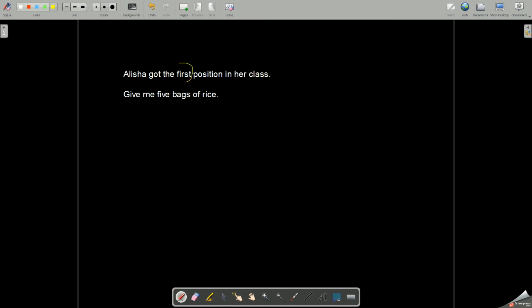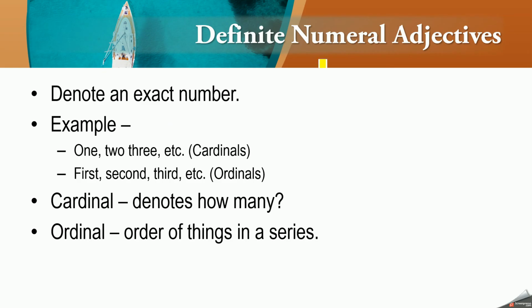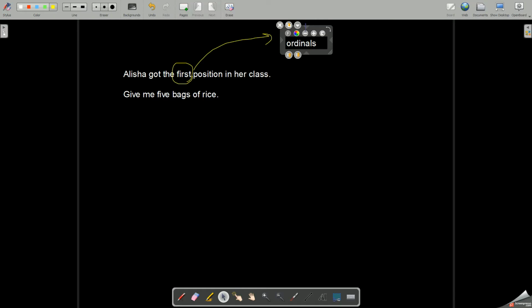Alicia got the first position in her class. First becomes, because it denotes a sequence, that is order. So Alicia got the first position, it becomes adjective of number. And what are we using in this? We are using definite numeral adjectives, and in that we are using what? Ordinals.